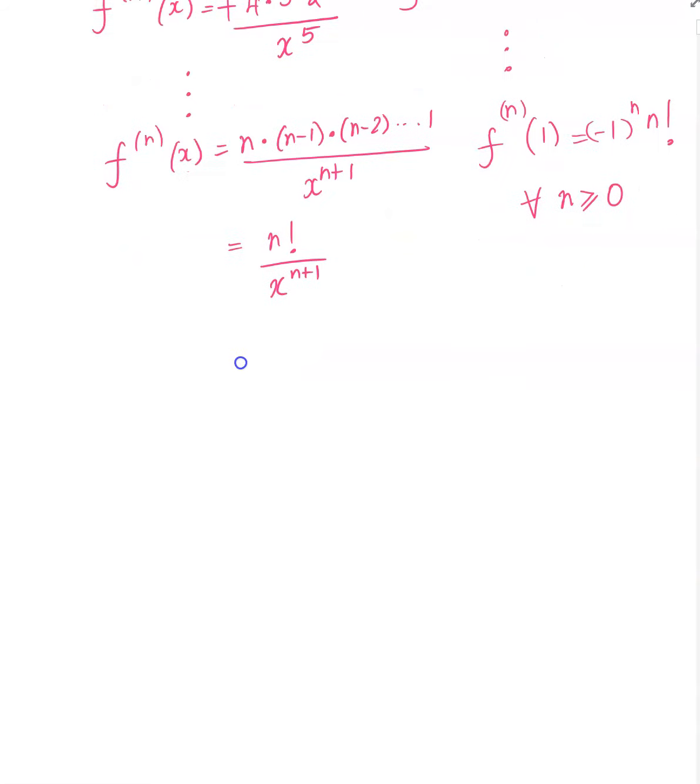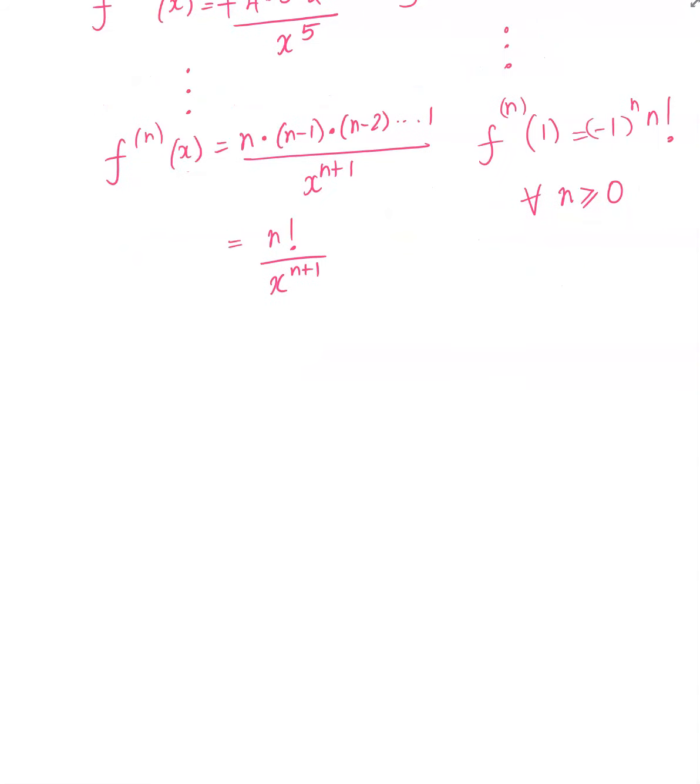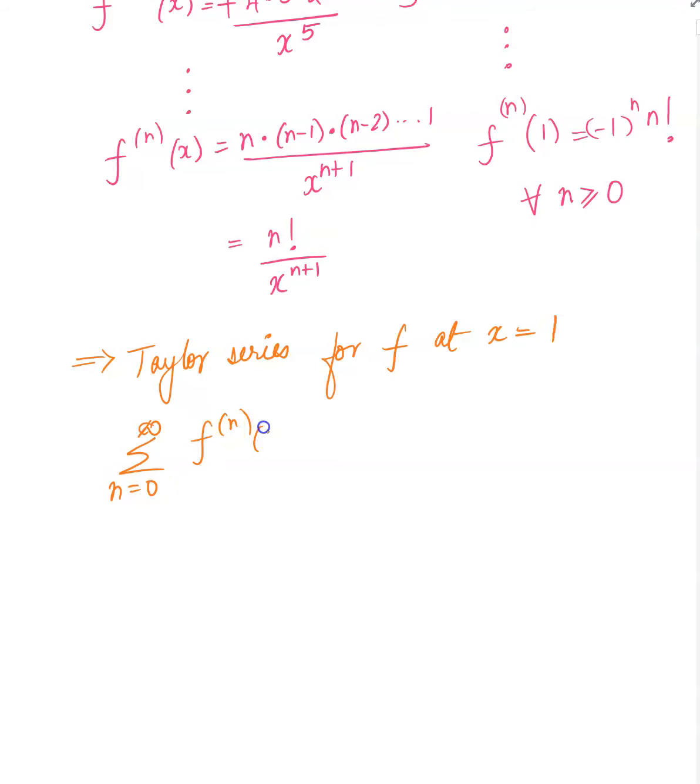We got both these patterns. This implies the Taylor series for f at x equals 1. We're going back to the definition of Taylor series. So this is what we had, and we saw that the nth derivative of f of 1 actually came out to be this.